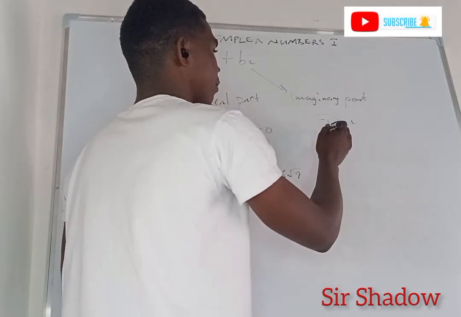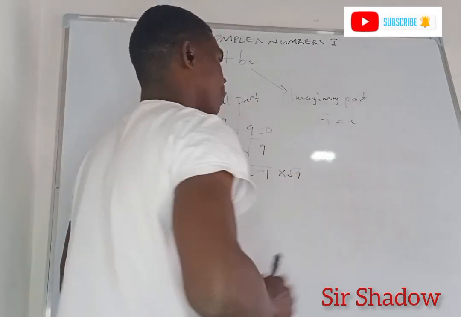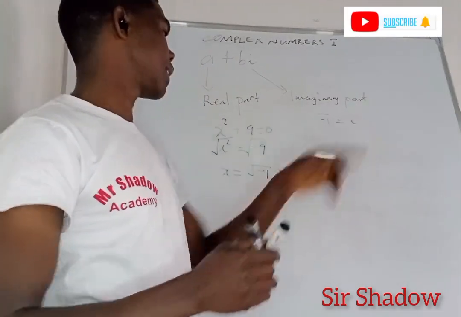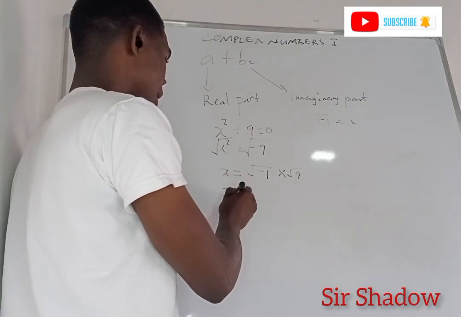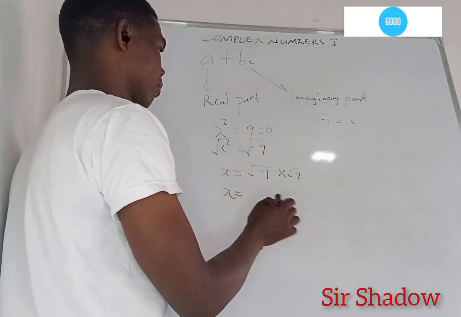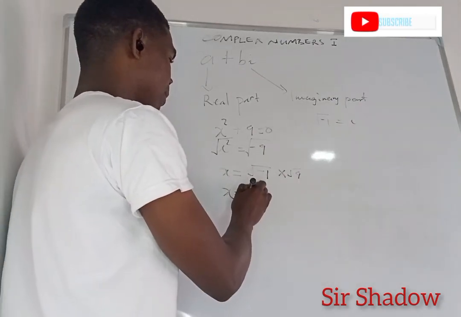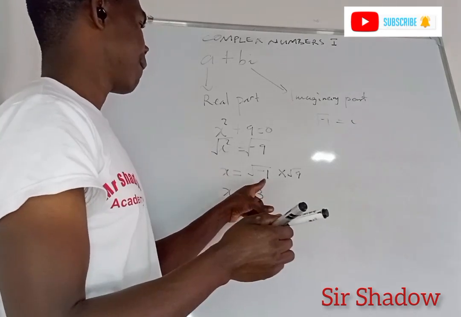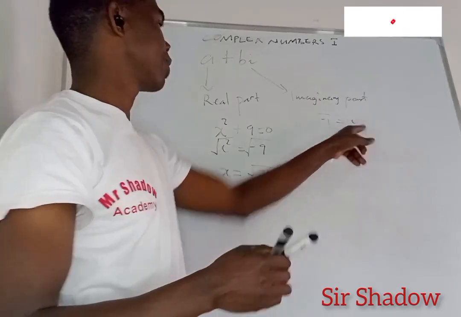So instead of writing root of negative 1, you write i. So x is equal to the root of 9, which is plus or minus 3, times root of negative 1, which is the same as i.